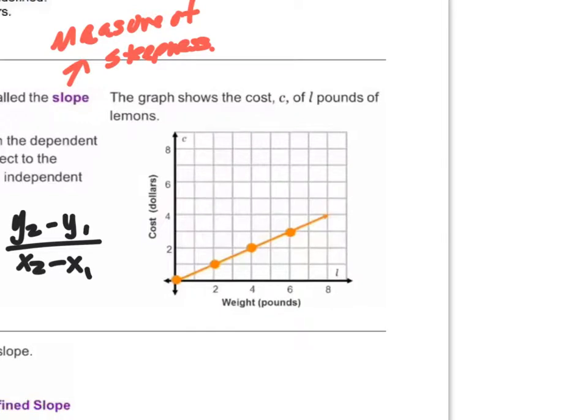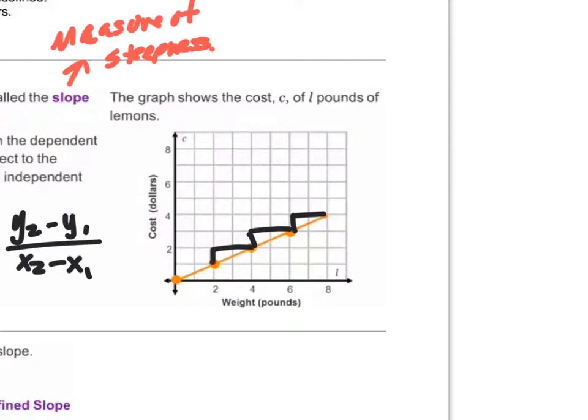The graph below shows the cost C of L pounds of lemons. We can figure out the slope of this line with the rise over the run. Basically, you go from point to point and make a right triangle, like a stair-stepping triangle, and as long as you get the same triangle between each point, you have a constant slope.